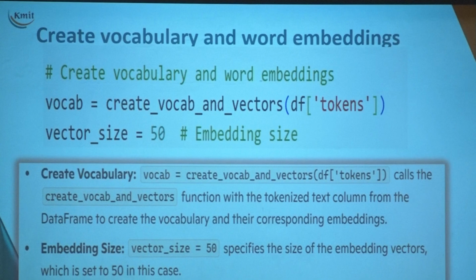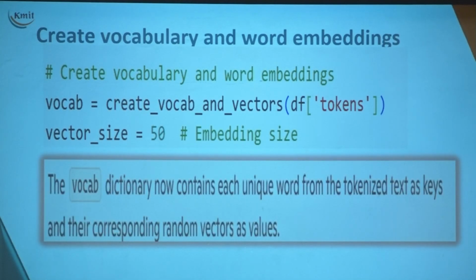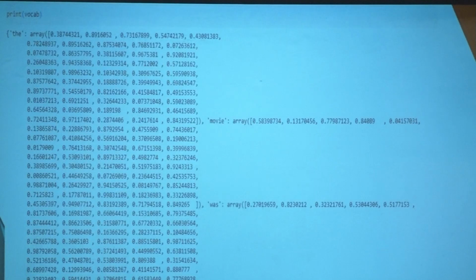So I am passing the data frame column of tokens into the function that I just created for word embedding, and I have specified my vector size as 50. Now the vocab dictionary will contain each unique word from the tokenized text as keys and their corresponding random vectors as values, as we just discussed.